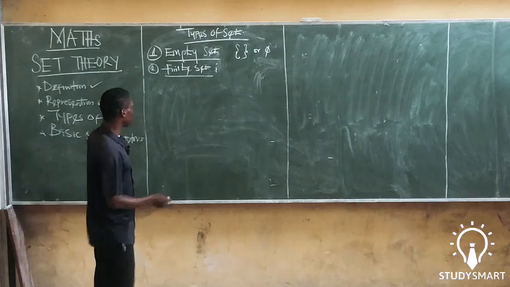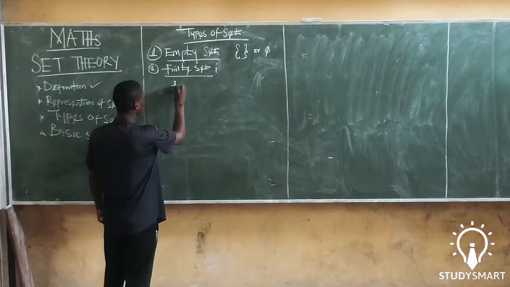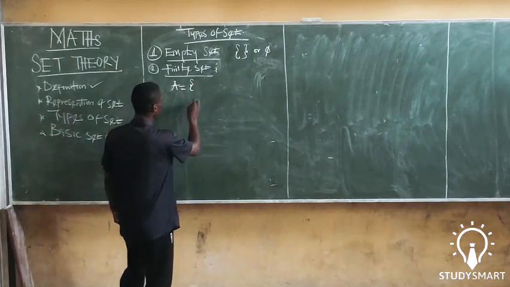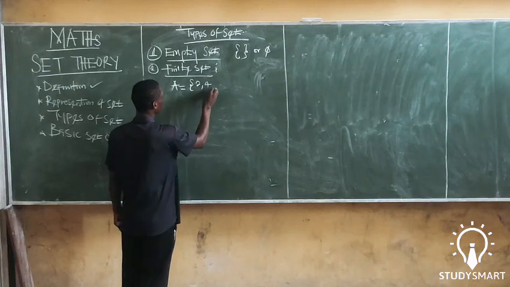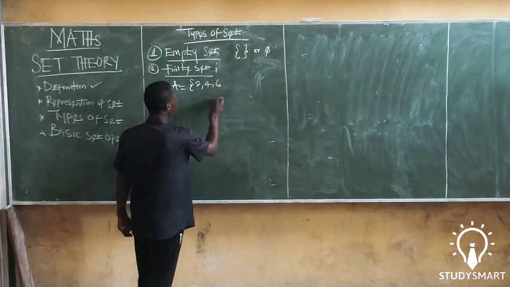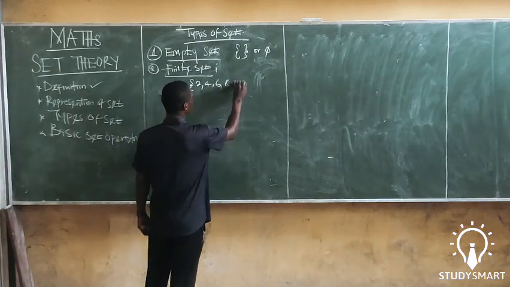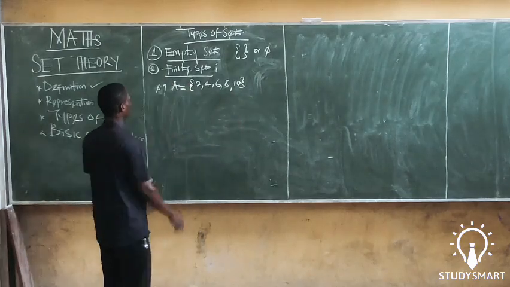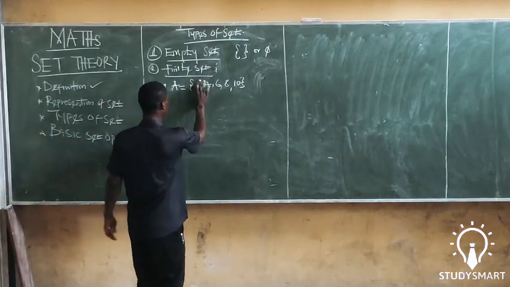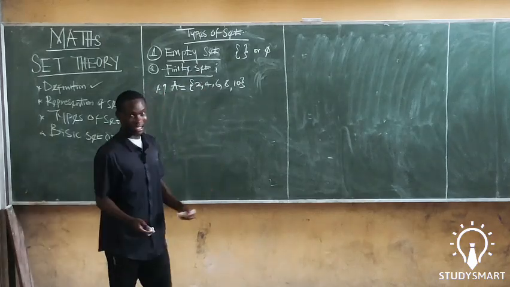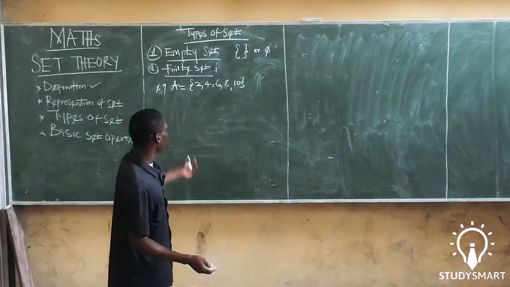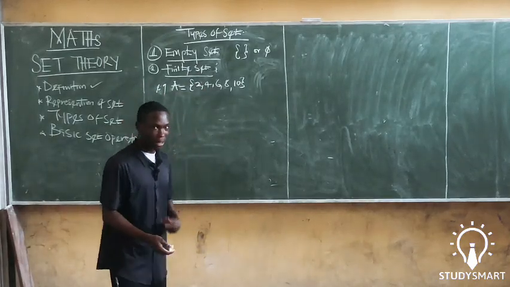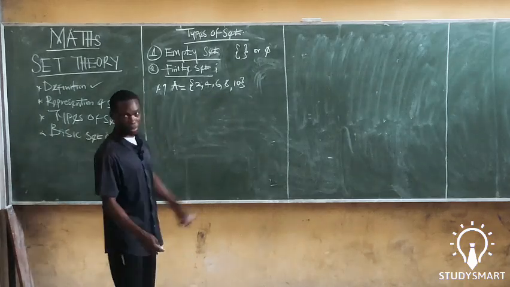So what that means is that I can have A equal to the set of these values: 2, 4, 6, 8, and 10. This is a good example of a finite set. It's a set that has a limited number of elements.